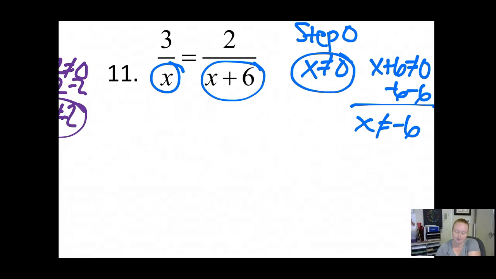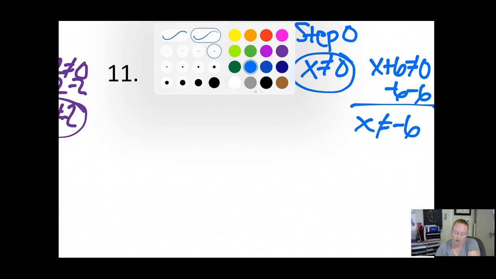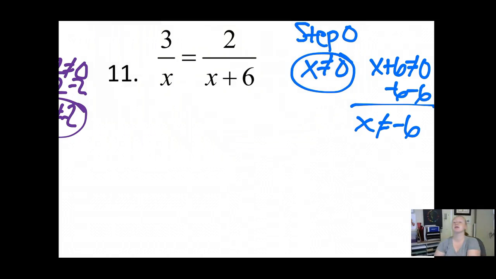Okay. So I come back to my problem just to do my problem the regular good old-fashioned way. So the fraction that freaks me out the most is actually this one. I'm going to multiply by x plus 6. I'm going to multiply by x plus 6.